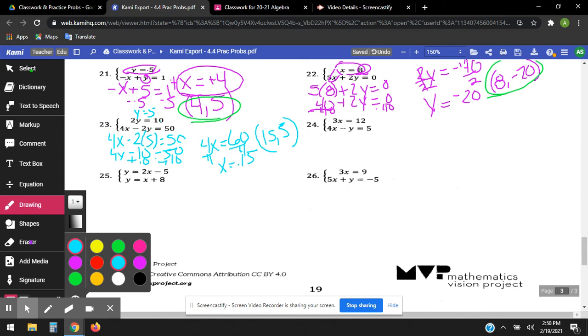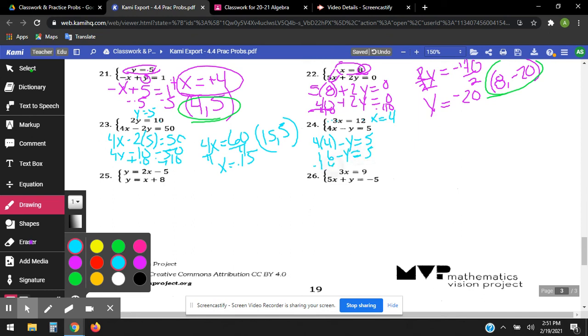For 24, 3x equals 12. So x must equal 4, right? 12 divided by 3 is 4. So instead of an x, I'm going to put in a 4. 4 times 4 minus y equals 5. 16 minus y equals 5.